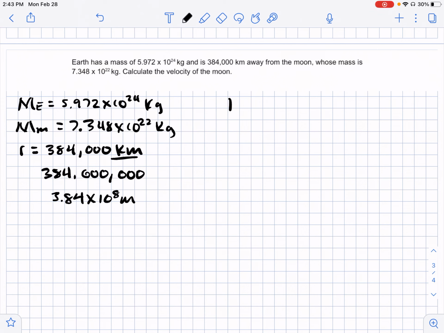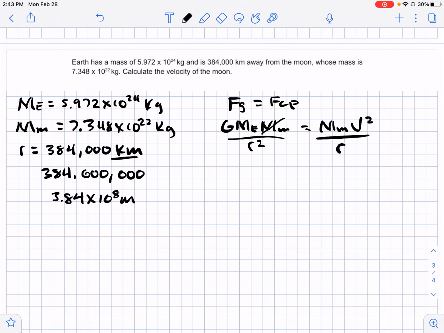So like we said, our gravitational force is centripetal. So now we can plug in our equations that we have. G, mass of the Earth, mass of the moon, divided by the distance between them squared, is equal to mass of the moon, velocity squared, divided by the distance between them.